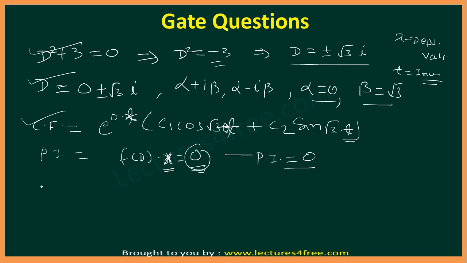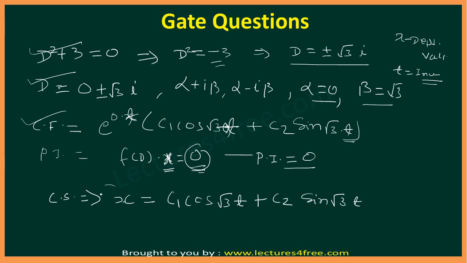So now the complete solution: you write x is equal to, not y, because x is your dependent variable. So x is equal to the complementary function: x is equal to c1 cos root 3 t plus c2 sin root 3 t. This is your complete solution.